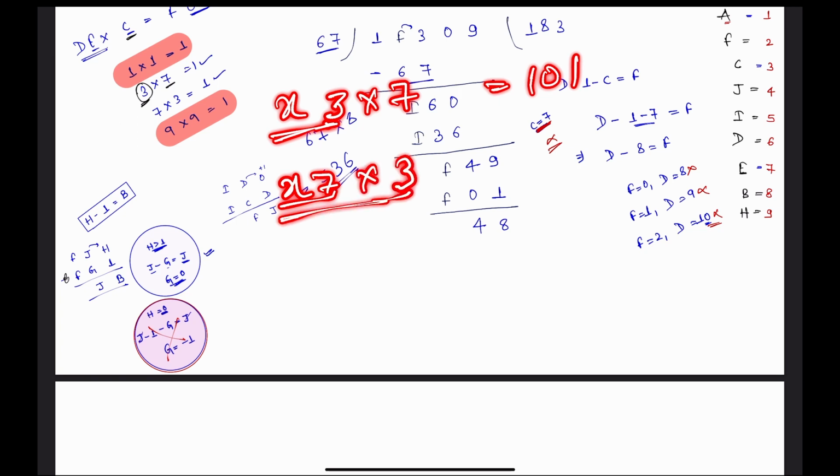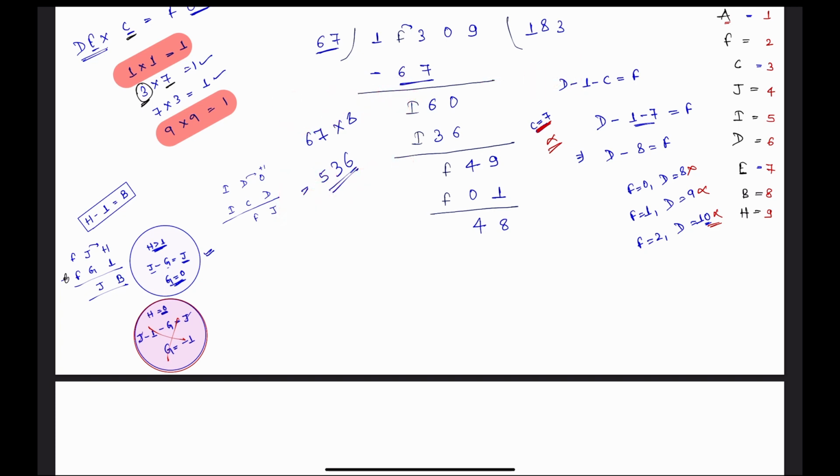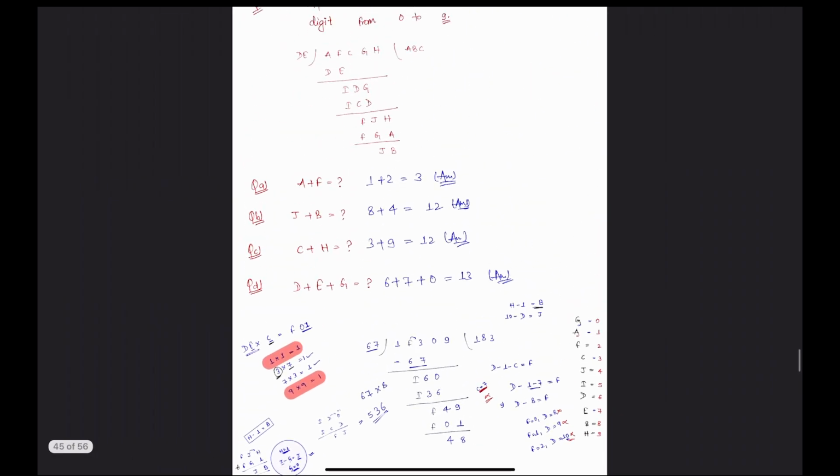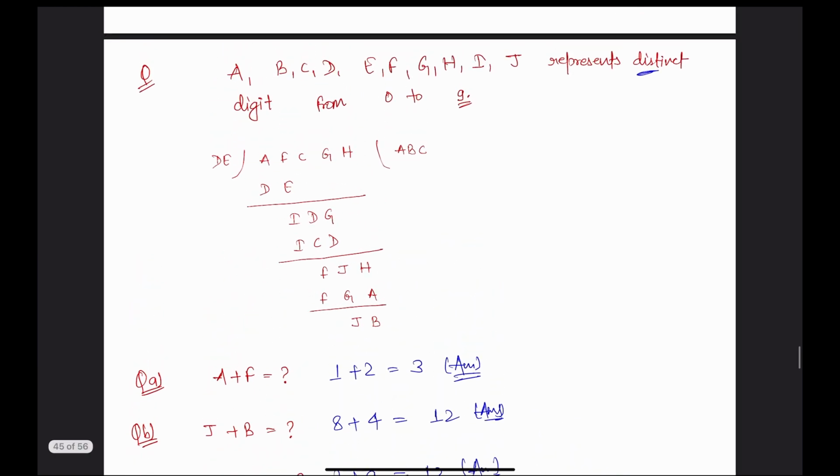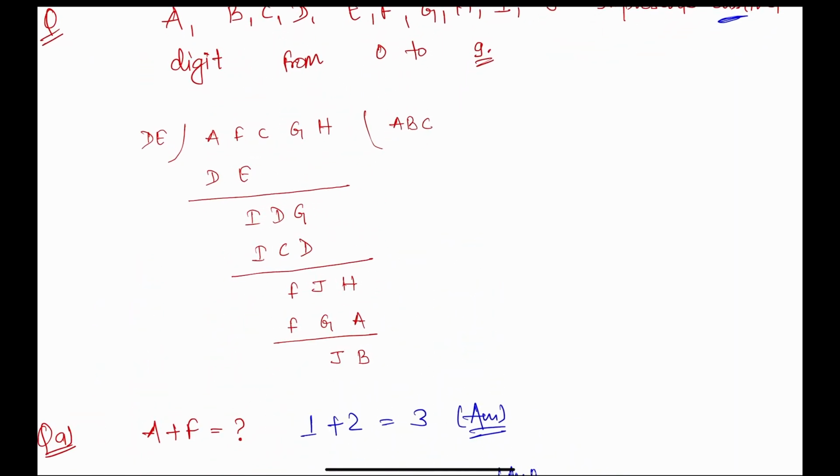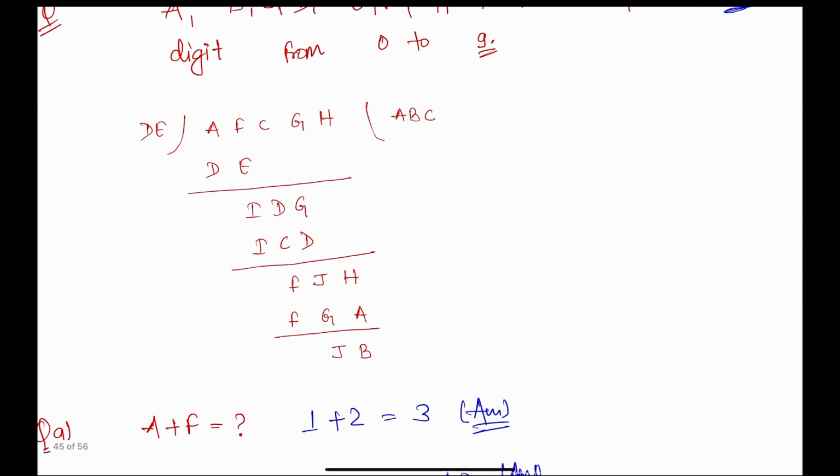So I can say for sure now that DE into B equals F01, right?